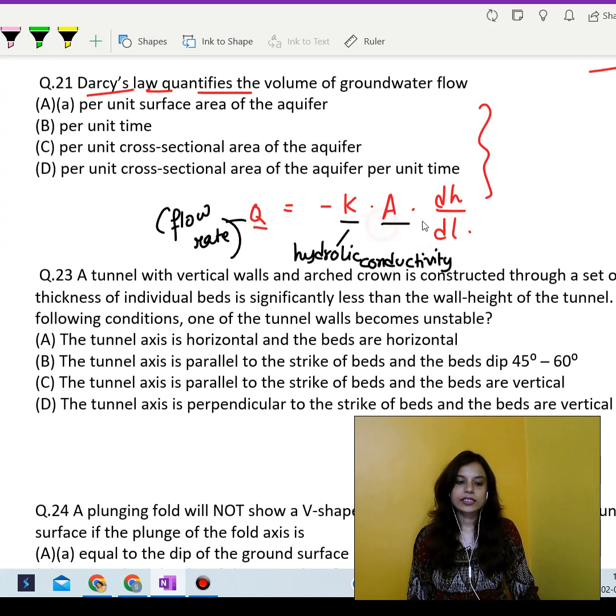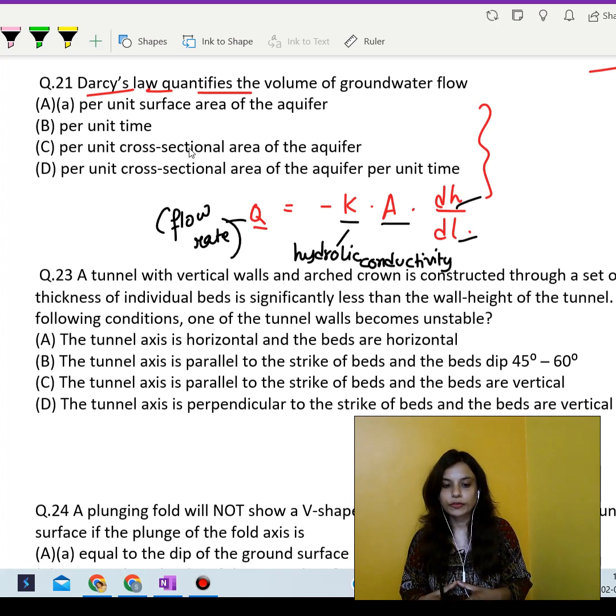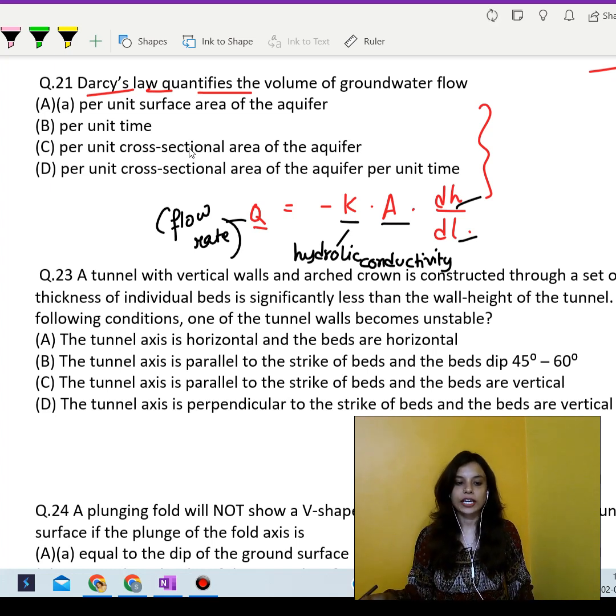And A is the cross-sectional area through which the groundwater flows. Okay, and dH/dl is the hydraulic gradient, representing the change in the hydraulic head per unit distance. So this equation indicates that Darcy's law quantifies the volume of groundwater flow per unit time, making option B, per unit time, the correct answer.